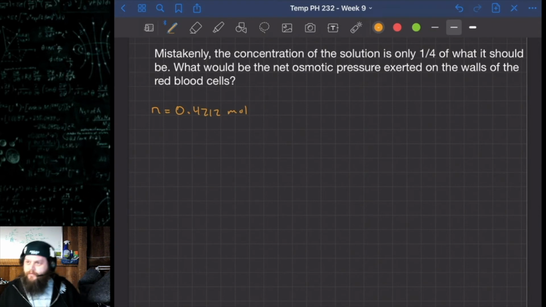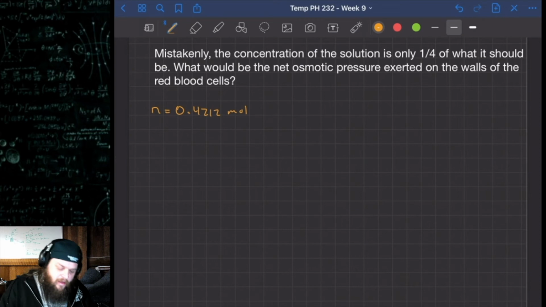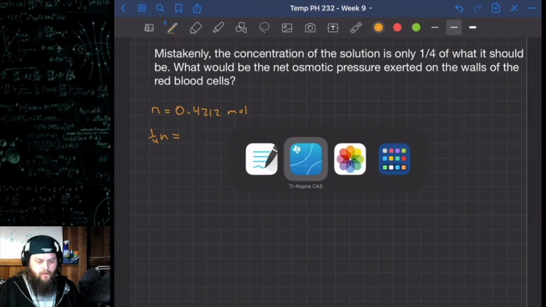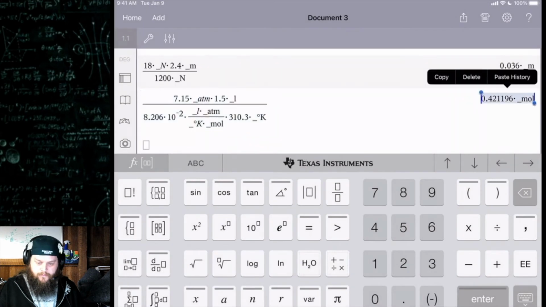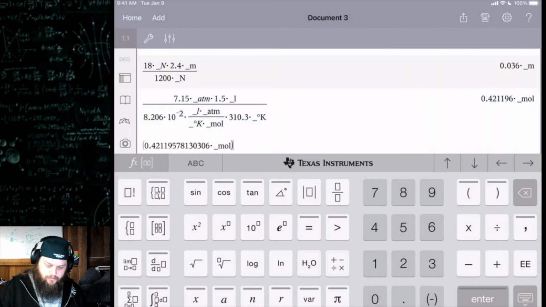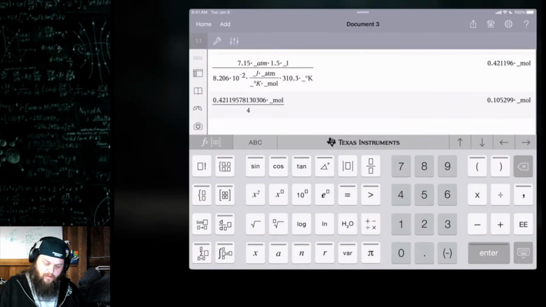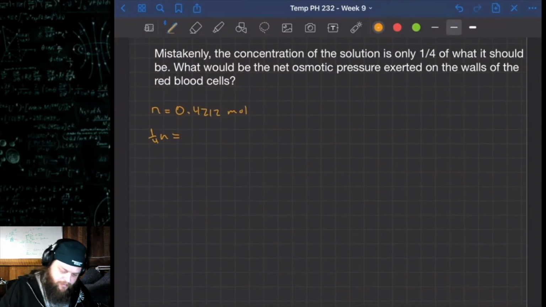That's what we just solved for in this last problem, part A. In actuality, we really had a quarter N, which is equal to just dividing that value by 4. Let's do that real quick. 0.1053 moles.